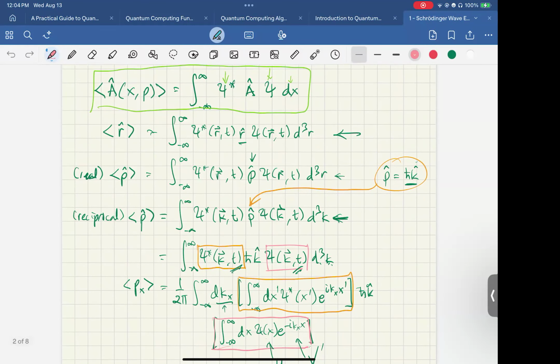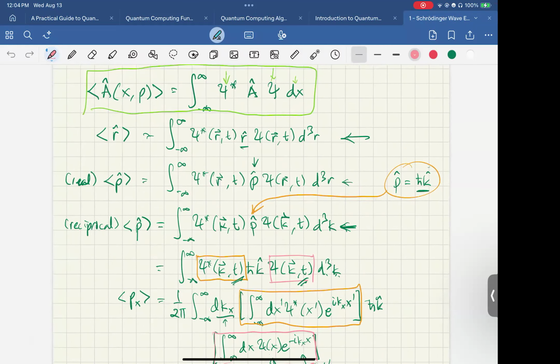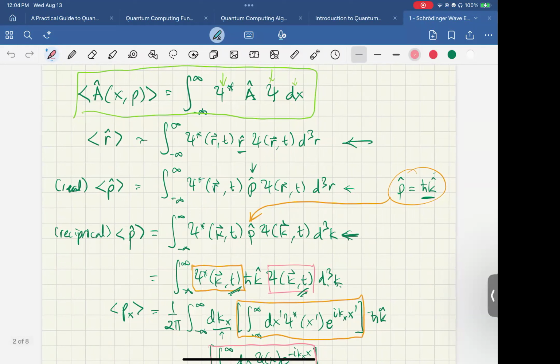To get the expectation value of position, it's a straightforward definition given by this equation na nasa green na box. We also defined an expectation value for the momentum, but we started out defining itong expectation value na to in k-space or in momentum space or yung reciprocal space na tinatawag natin.